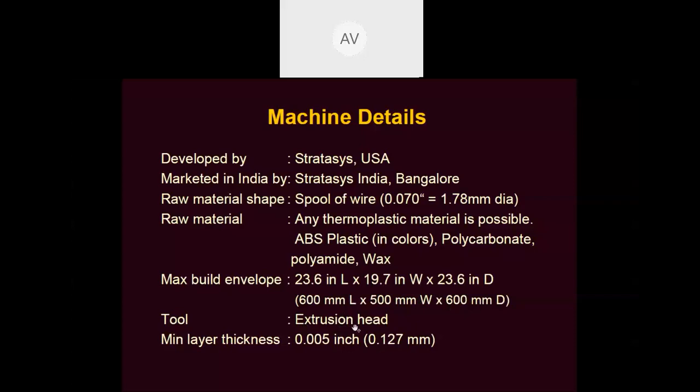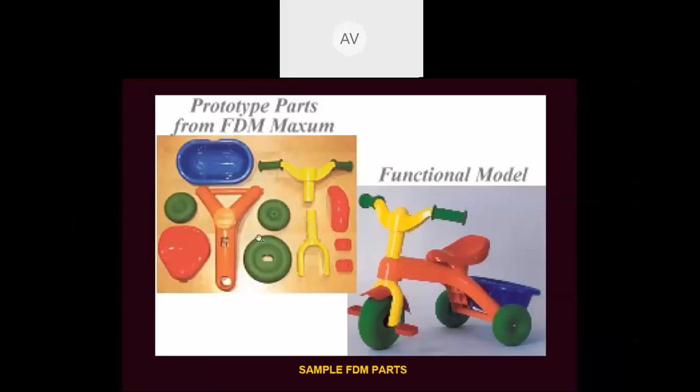The type of head is the extrusion head, the tool you can say, and the minimum layer thickness is 0.127 mm. So these are the various parts built through FDM machine.